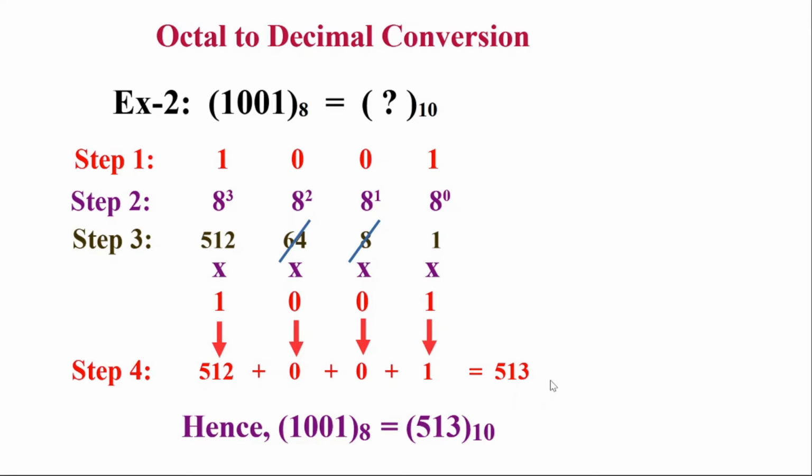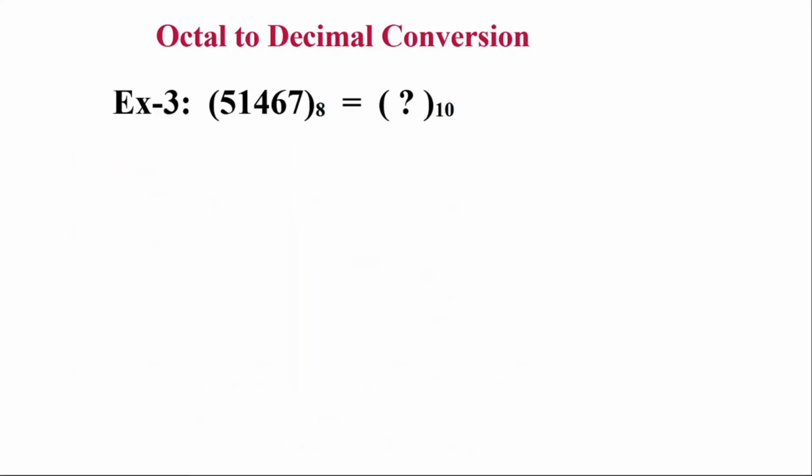So 513 is the decimal equivalent of octal number 1001. Now let us consider another example 3, where we have to convert the octal number 51467 into decimal. Here also we have to follow the same procedure.